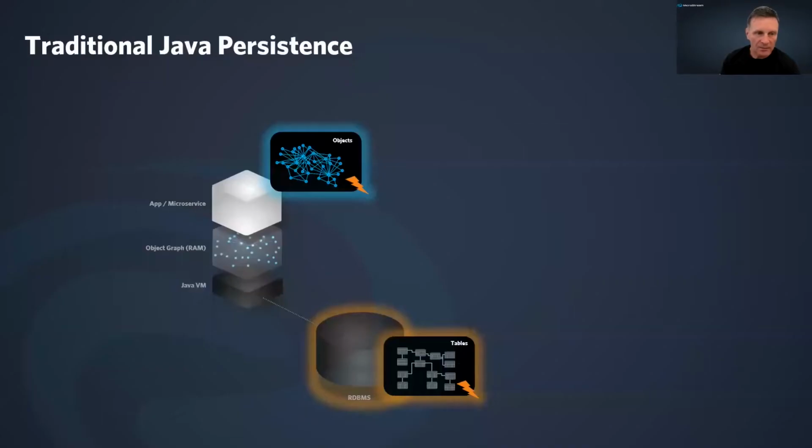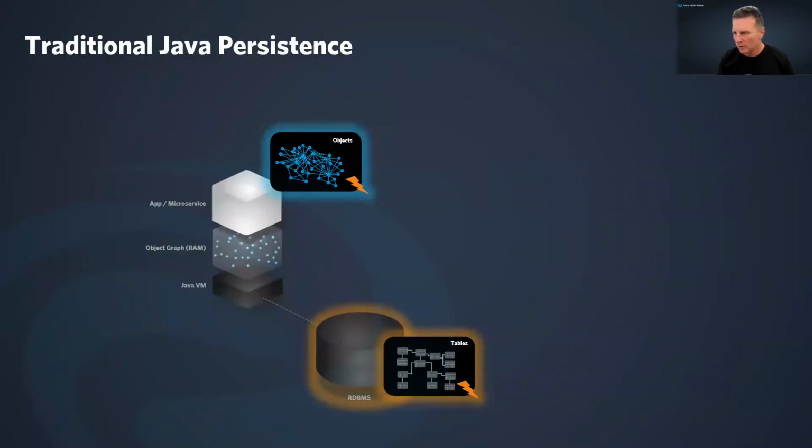All right, to understand what MicroStream actually is and what's different between MicroStream and traditional data storage or object storage, let's have a look at the architecture. Here we have a Java application, or the architecture of a Java application, or a microservice.